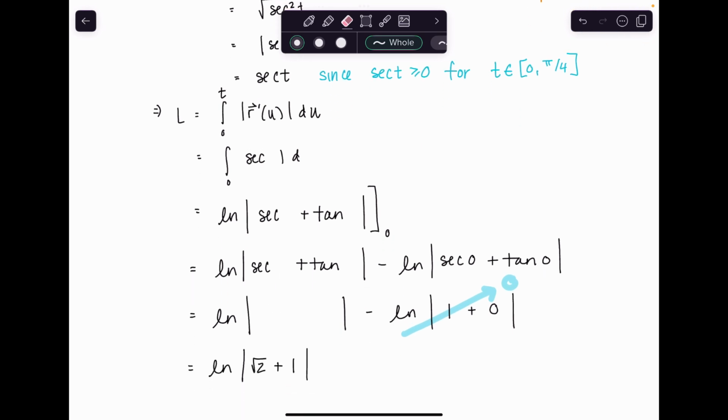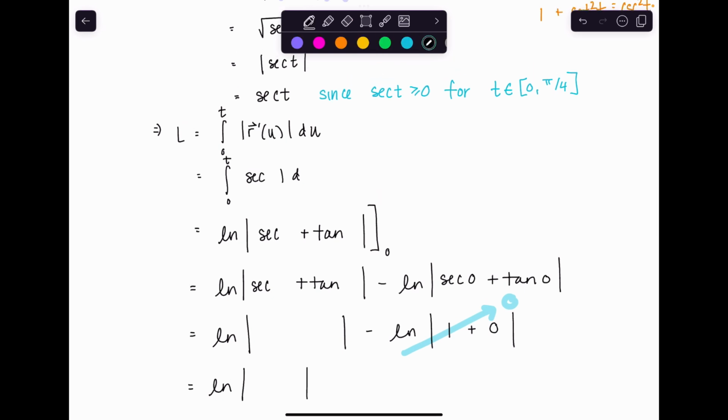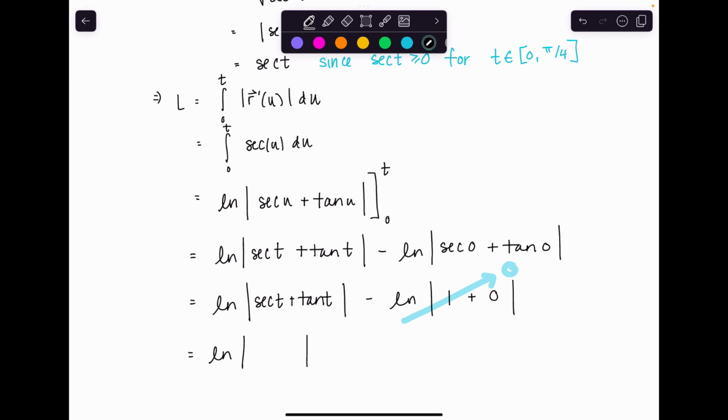The only thing that does change is this first piece. So this would be the integral from 0 to t of secant of u du, and you would just have an upper bound of t instead. And so we would basically end at that point.